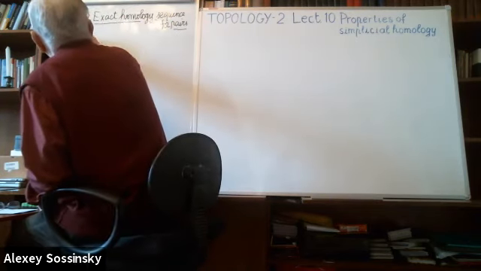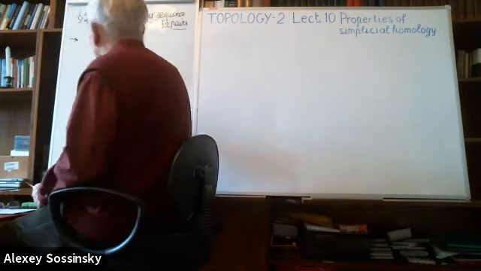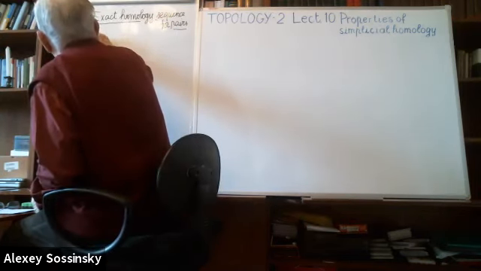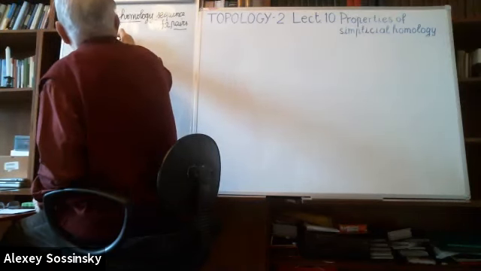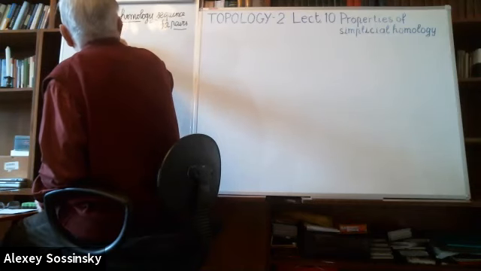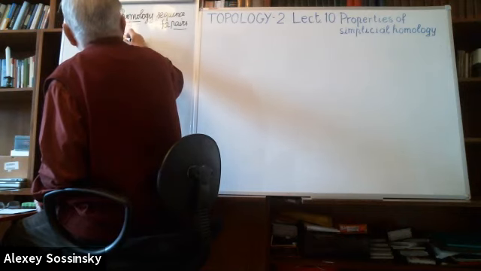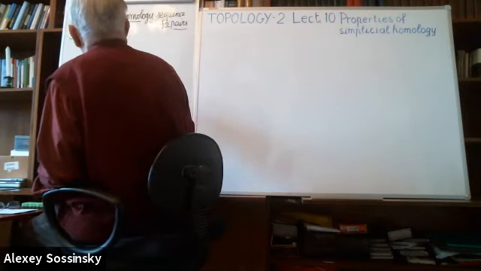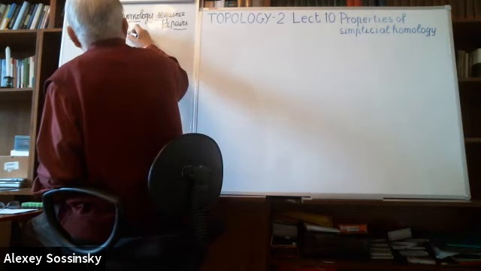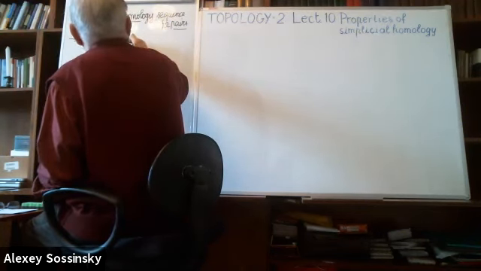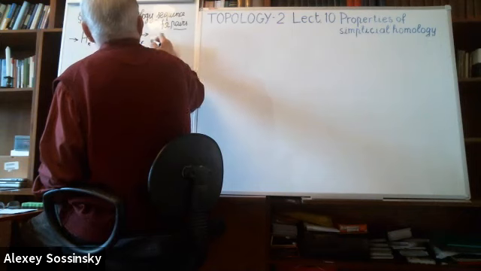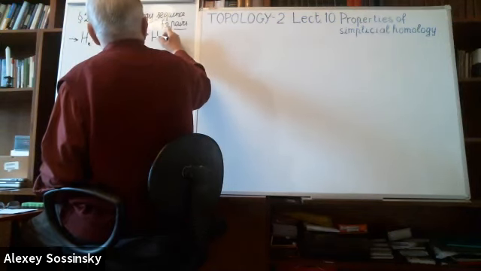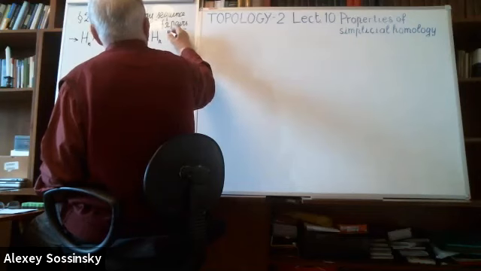It begins with H n of A. Then this is taken to H n of X. And then we have J star that takes this to H n of the pair.